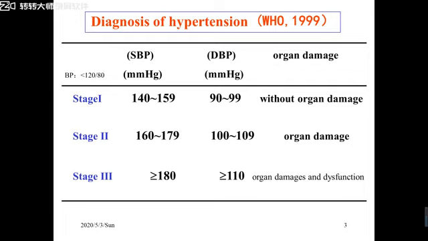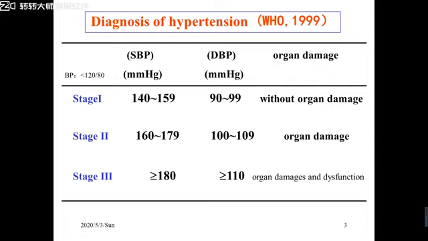During this period, for mild patients in the first stage, some of them don't know they are hypertension patients. Why? Because some of them don't have any symptoms. Because they don't have any organ damage.